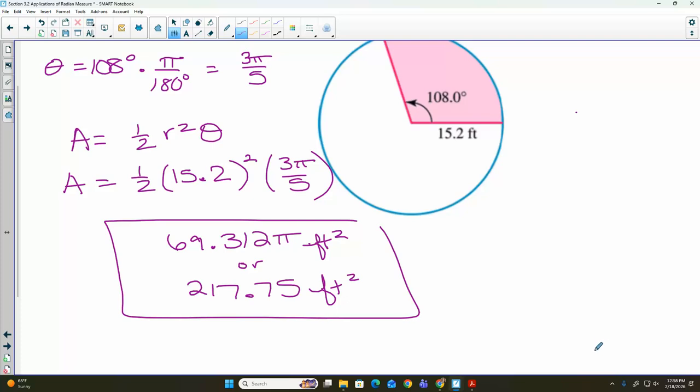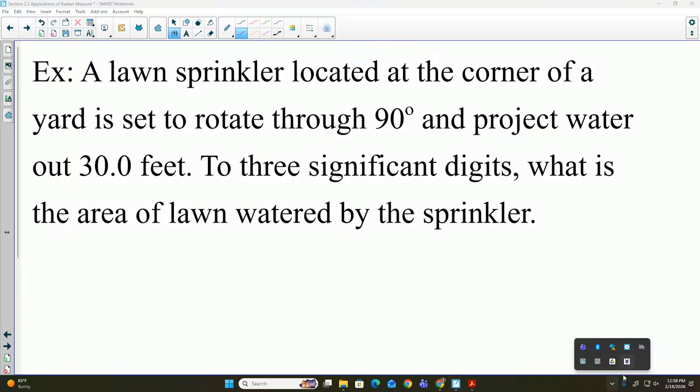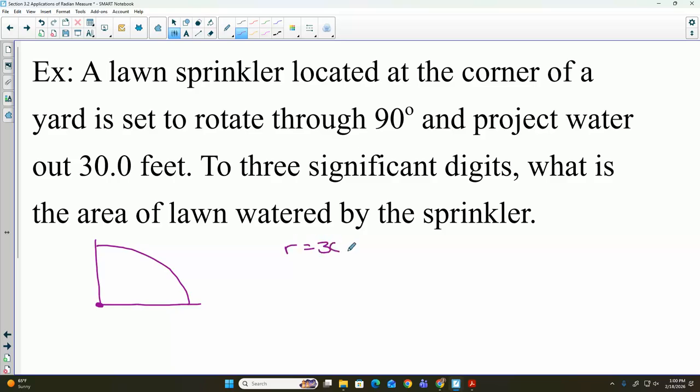I want you guys to try the last example for me. We have our lawn sprinkler. It's rotating 90 degrees and projecting water out 30 feet. So what is that 30 representing? Yeah. So our radius is 30. My angle is 90 degrees, which is what in radian form? We want the area of the lawn watered.